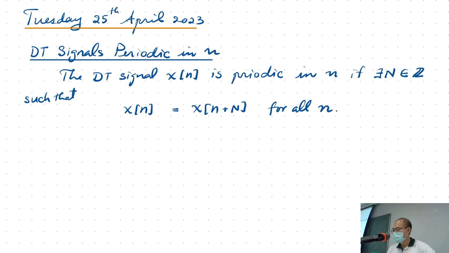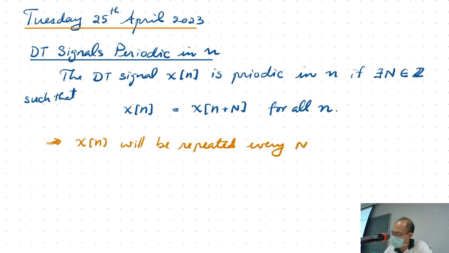So in other words, periodic signals in n will repeat themselves every big N samples. Okay, so x[n] will be repeated every big N samples.